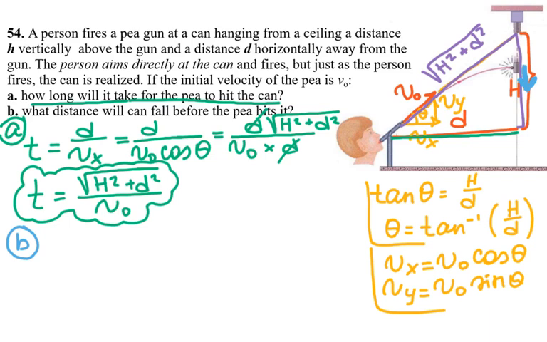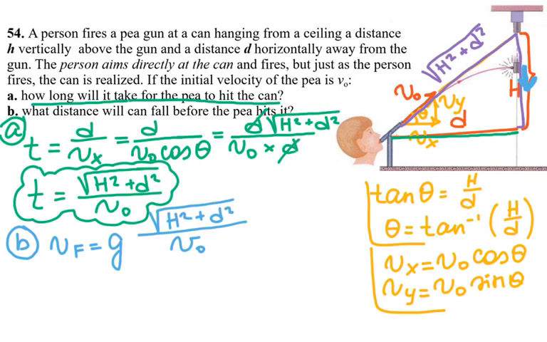So the velocity of the can before it gets hit is initial velocity, which is 0, plus acceleration, which is g, times the time, and I just figured out the time. That's the square root of h squared plus d squared over v sub 0.